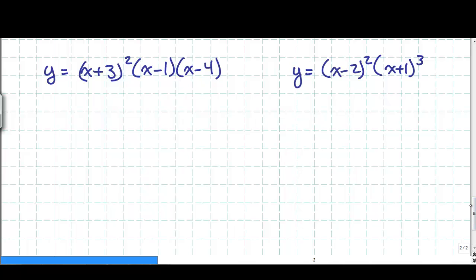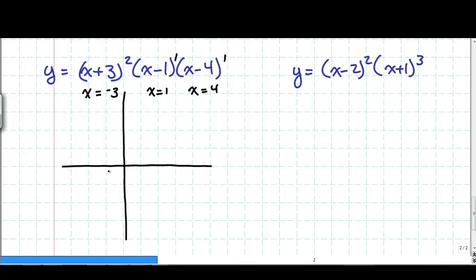Next, we've got a quartic function. Multiplicity of 2, multiplicity of 1, multiplicity of 1. So our total degree here of this function is 4. That means I've got a 0 at negative 3. I've got a 0 at 1. And I've got a 0 at 4. Change the scale here on my graph to make this negative 2, negative 4, 2, and 4.